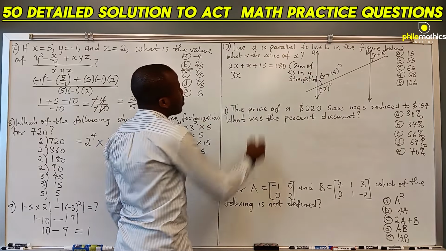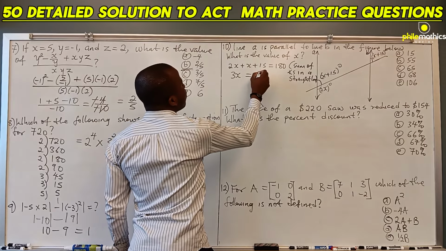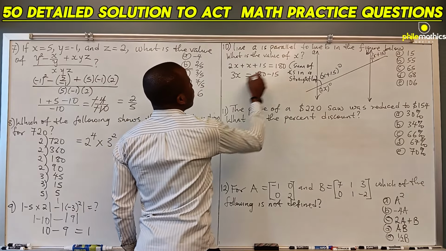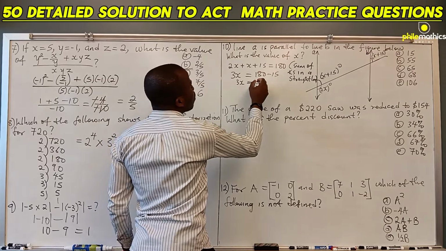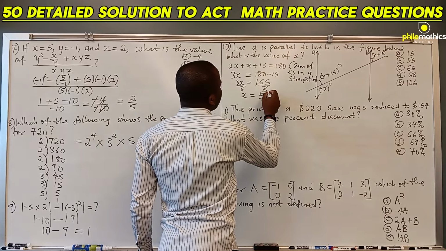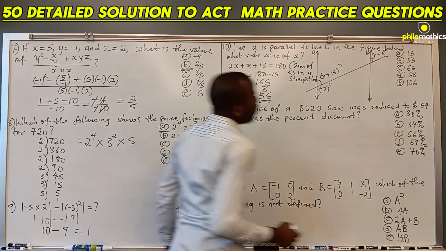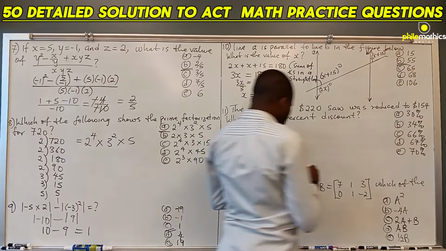Subtract 15 from both sides. 3x will be 180 minus 15, which is 165. And if we divide both sides by 3, x will be 55, because 3 into 16 is 5, remember 1 into 15 is 5. So x is 55, which is B.